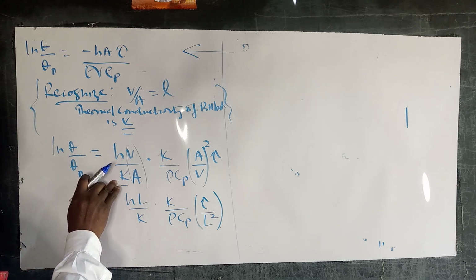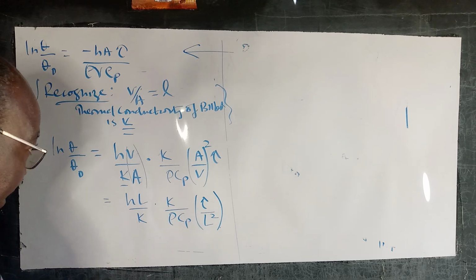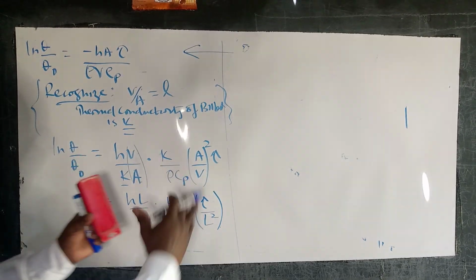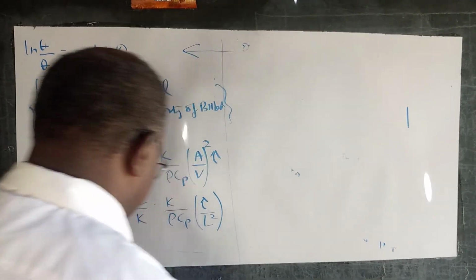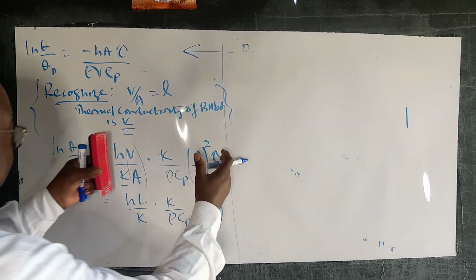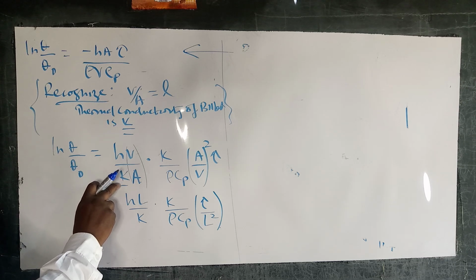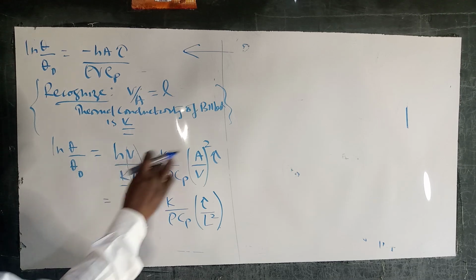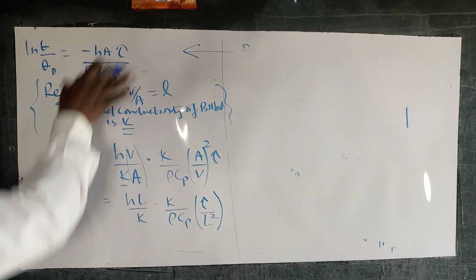For example, if you look at thermal conductivity, you can cancel it out very easily, and you'll just be left with A over V. So we have just rearranged it to get very important quantities from this expression. I repeat, this quantity here is exactly the same as that. We have just introduced the thermal conductivity of the billet. If I cancel this out with this particular one, I'll be left with these particular quantities.